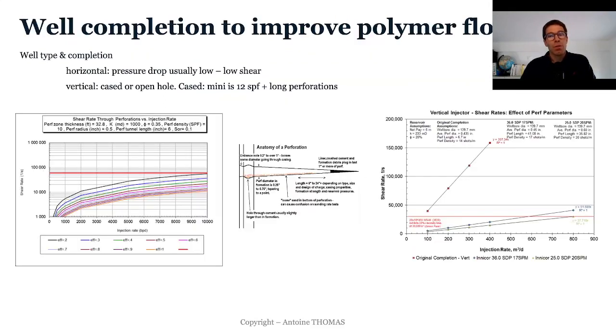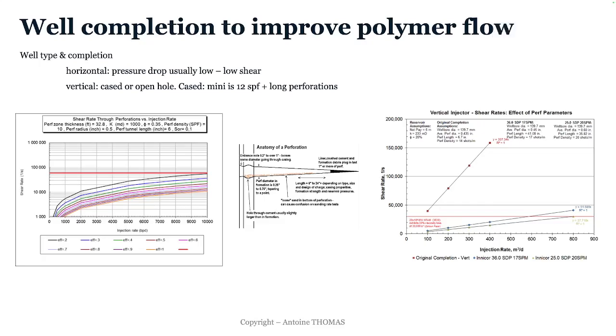Also, to improve the flow and minimize the shear, make sure that you have enough perforations or pre-fracs to minimize mechanical degradation or anything that can impact the polymer entering the reservoir. There are very simple ways to calculate the shear rate in perforations with spreadsheets. You can see on the right side the difference between large perforations and small perforations in a vertical injector.